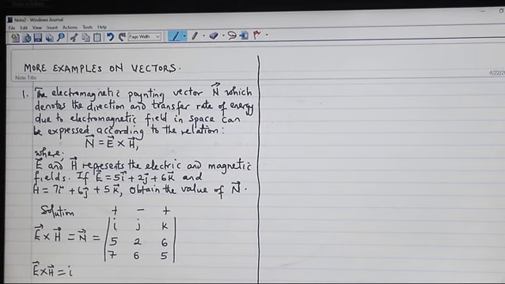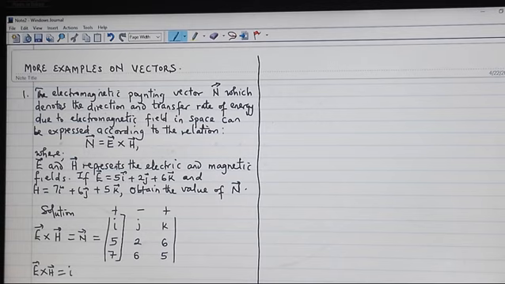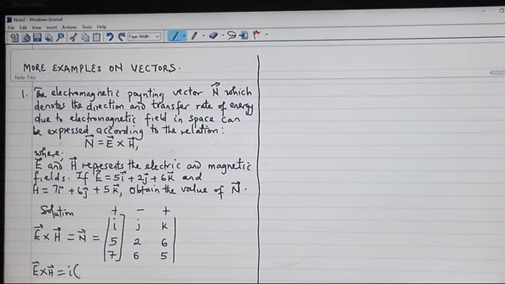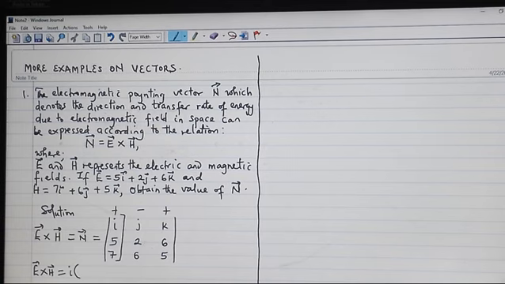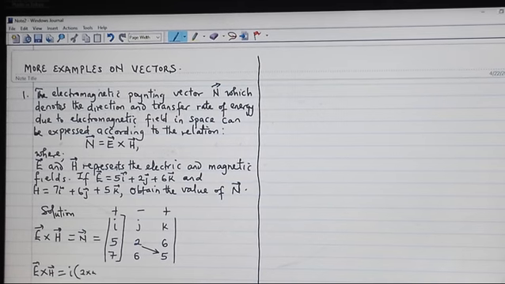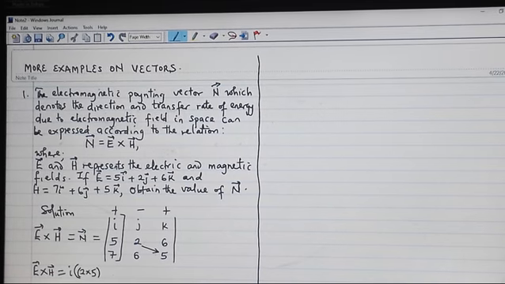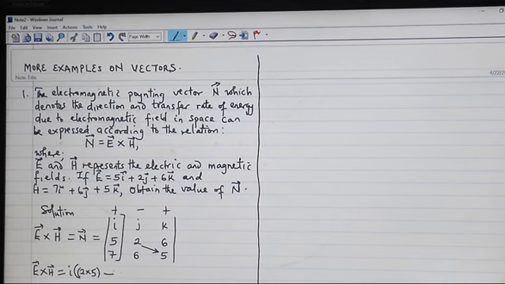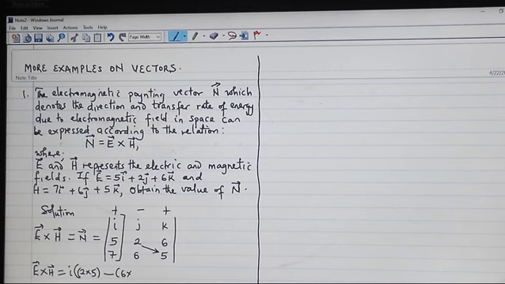If you are using the first unit vector as a multiplier, you have to block that entire column. So you open a bracket and multiply diagonally the other two columns. So we say 2 times 5. We subtract the next product from it, minus 6 times 6.